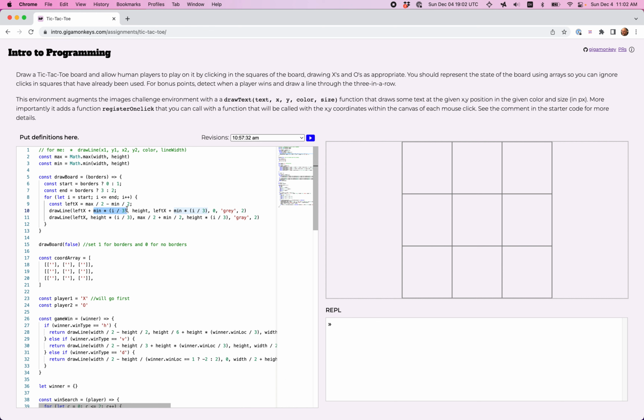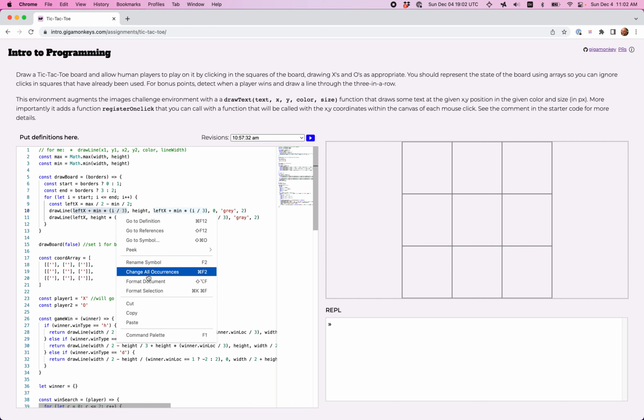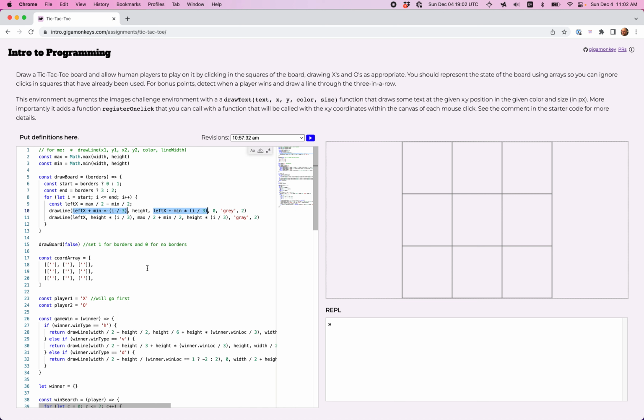Oh, so it looks like this is actually, no, this expression is used, this is the x value, right? We're drawing a line from height to 0. So this is like the line x. So I can do the same thing, copy, change all occurrences, line x, or let's see.